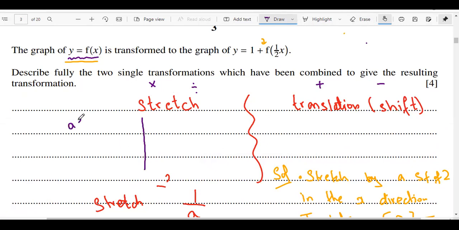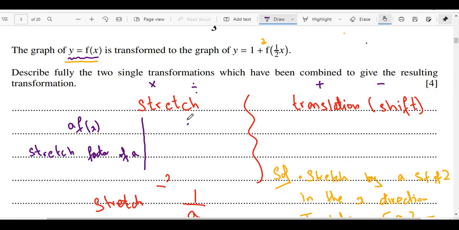If it is a times f of x, it would be a stretch, and you never ever write down squeeze. Stretch is the only word. I use the term squeeze just to explain this. You can also use shrink, but just for your understanding. So it would be a stretch by a stretch factor of a.